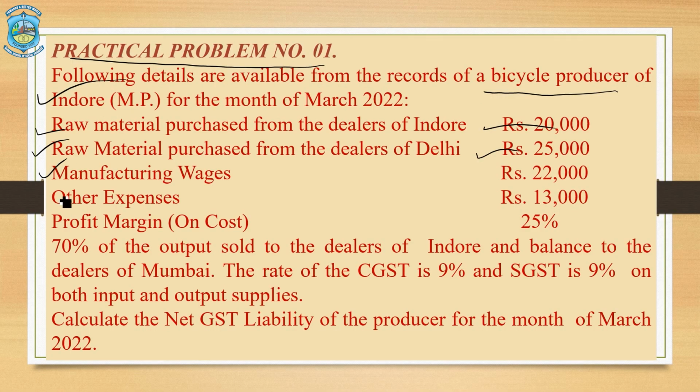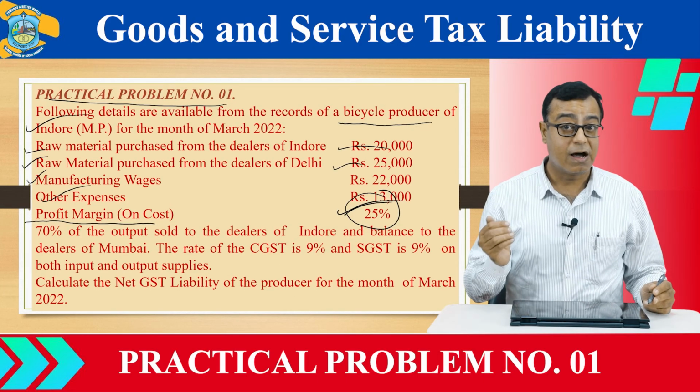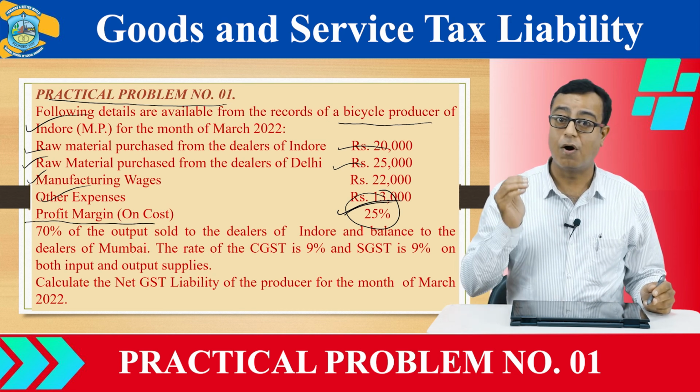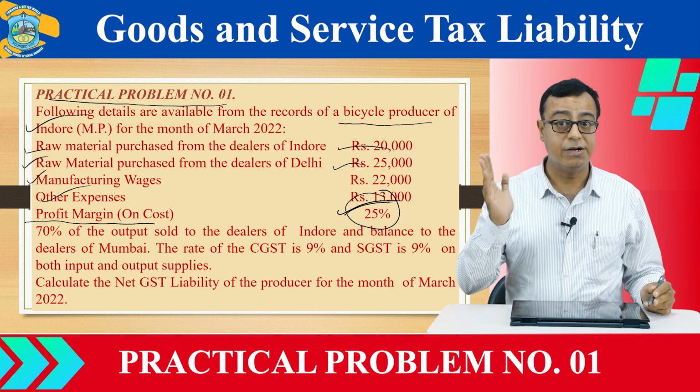Also we have manufacturing expenses and other expenses. But the main point here is that the profit margin of this bicycle manufacturer is 25% on the cost of goods sold, or you can say cost. The entire sale is not inter or intra, it is divided in two parts.